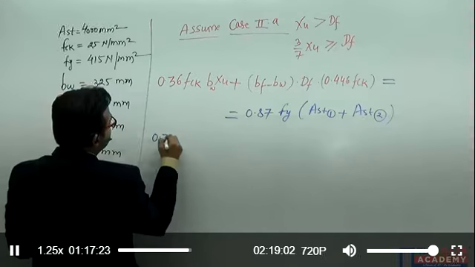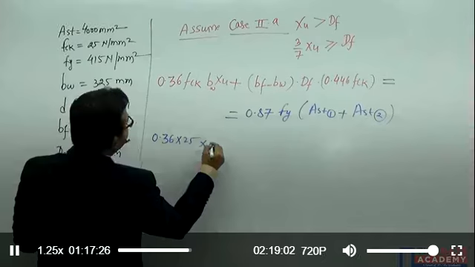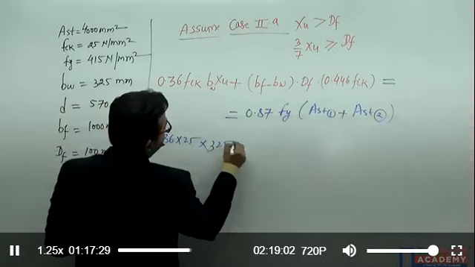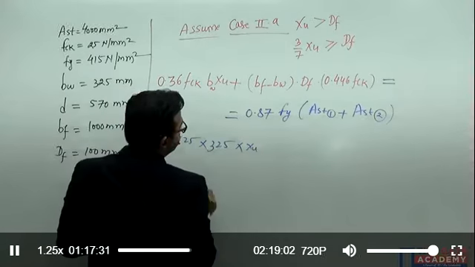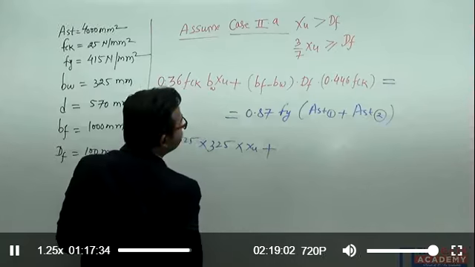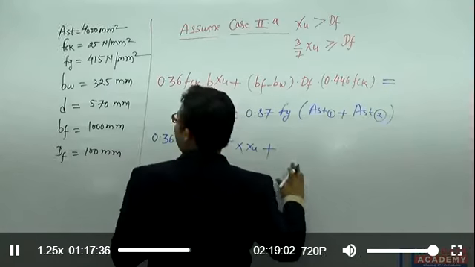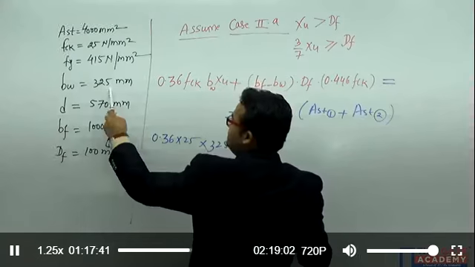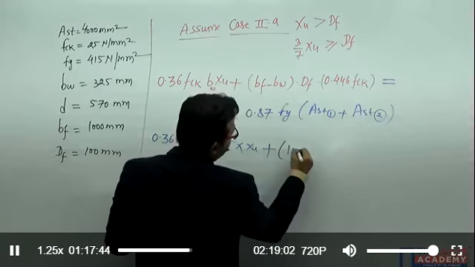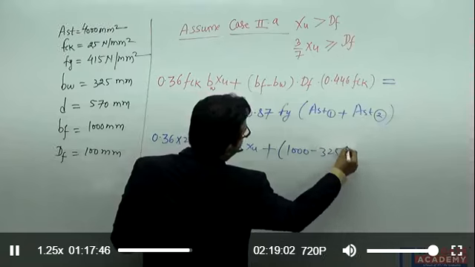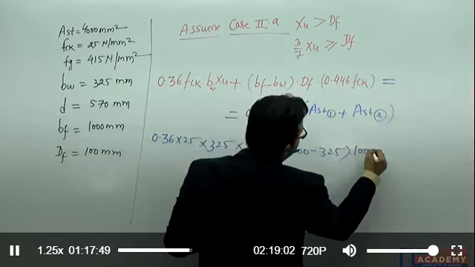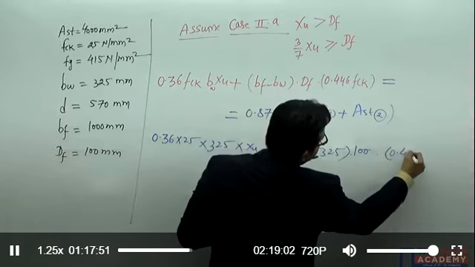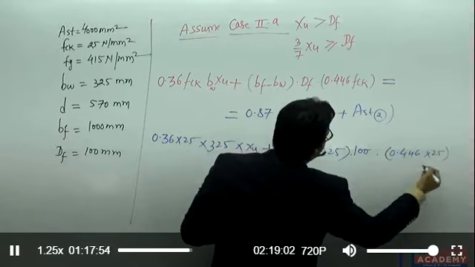So 0.36 FCK, where FCK is 25, BW they have given me 325, into XU, plus (BF minus BW), where BF is 1000 mm and BW is 325. So (1000 minus 325) into the depth of flange, 100 mm, into 0.446 FCK, FCK is 25.